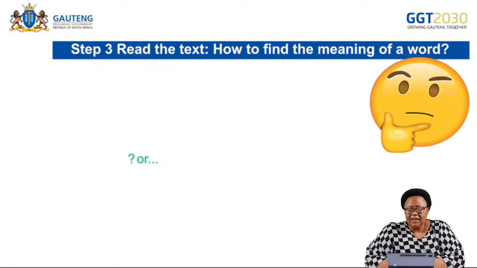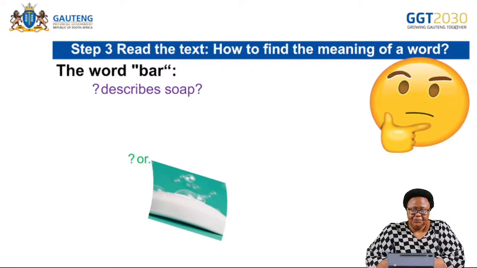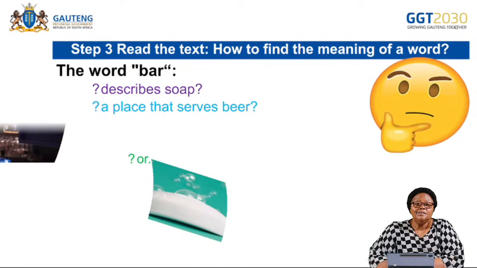How to find the meaning of a word. Let's look at the word bar. That word can mean different things in different contexts. It can describe soap. It can be a place that serves beer.